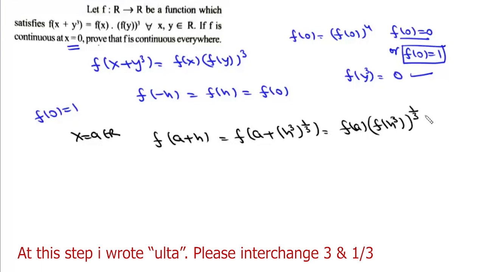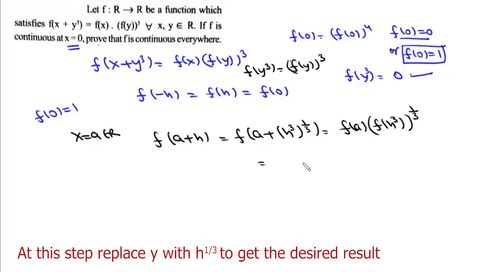Now if we put x as 0, we can write f(y cube), and f(0) is 1, so this is f(y) whole cube. So we can write this as f(a) into f(h) whole cube to the power 1 by 3. The cube and power 1 by 3 cancel. Now this f(h) is equal to f(0) and f(0) is 1. So this is equal to f(a).